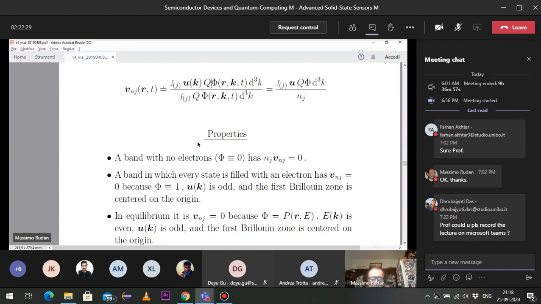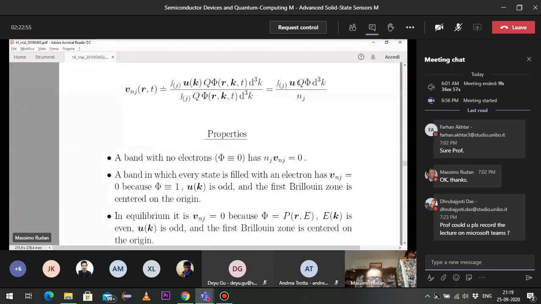Now, let's take the opposite case. Let's consider a situation in which all the states of the band are filled with electrons, okay? That means that phi is equal to 1, okay? So phi in the integral is equal to 1.